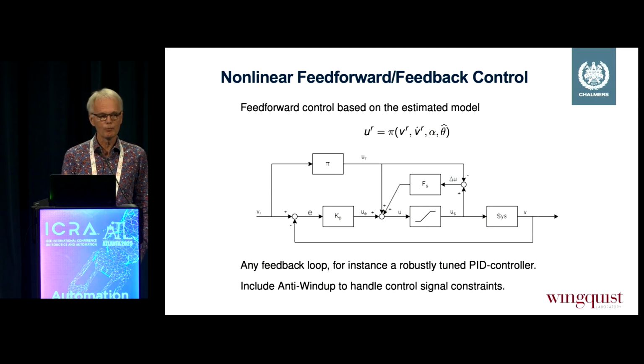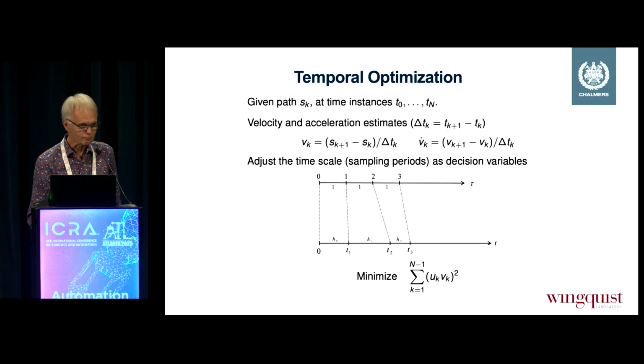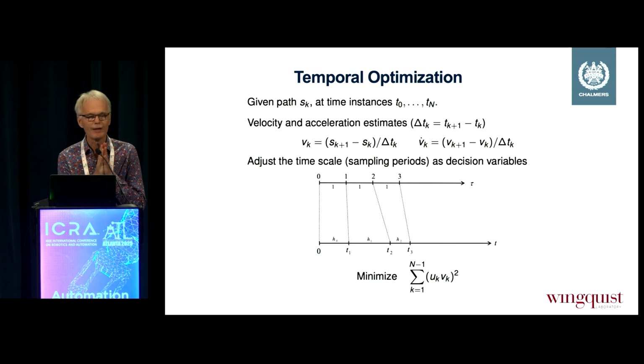Another thing now, when I have estimated this model, I can also formulate something very classical, a nonlinear feed-forward and feedback control strategy, also including anti-wind-up because I have restrictions on the control signal. The final thing here is that I also introduced something I called temporal optimization.